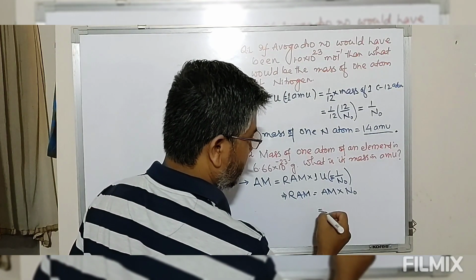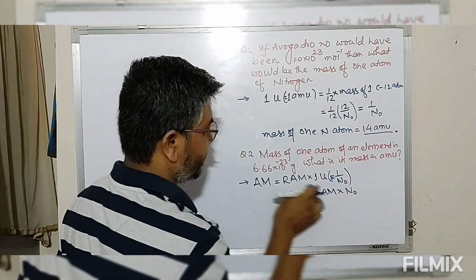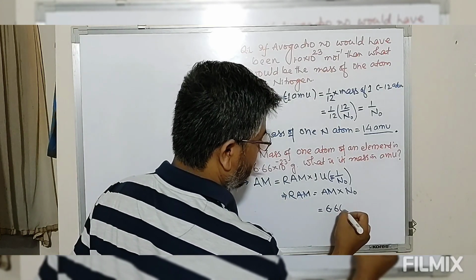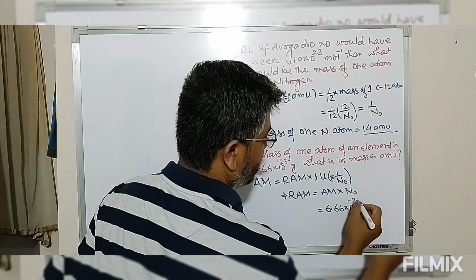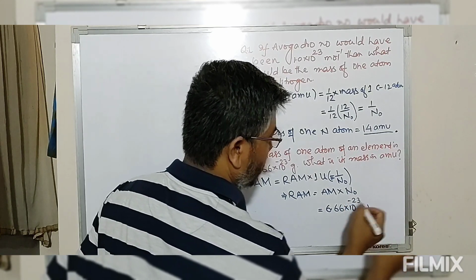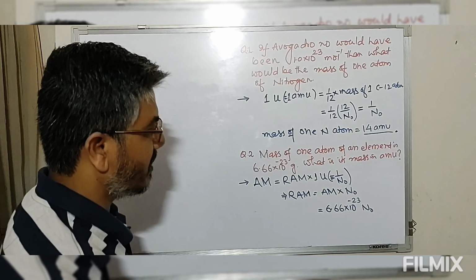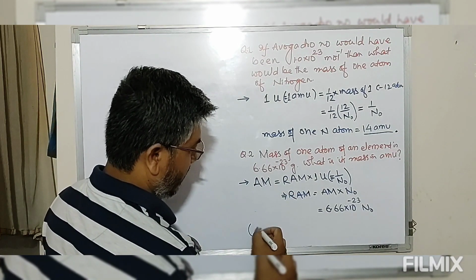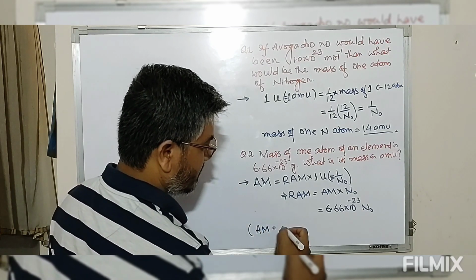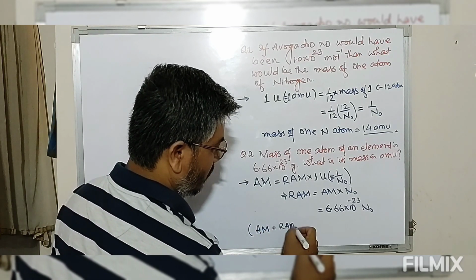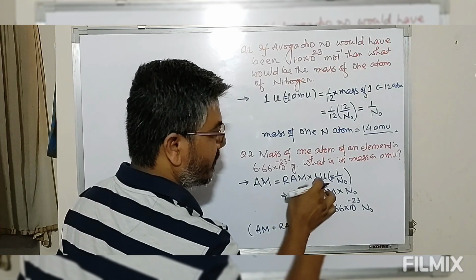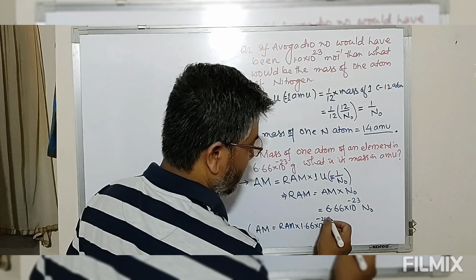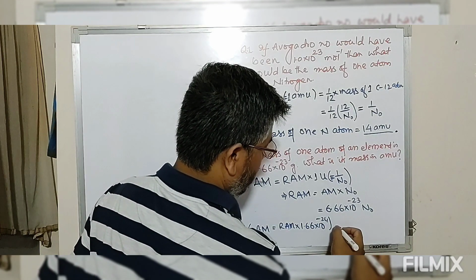So absolute mass, that is mass of a single atom of an element expressed in grams, is given as 6.66 into 10 to the power minus 23, times Avogadro number. So this will be the relative atomic mass. Or we can use this: absolute mass is equal to relative atomic mass into gram equivalent of unified mass, that is 1.66 into 10 to the power minus 24.